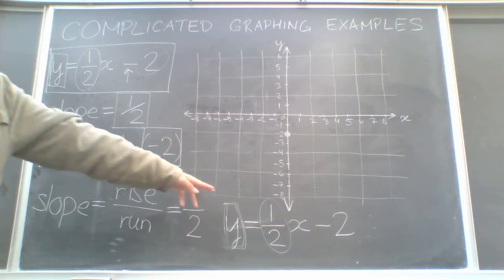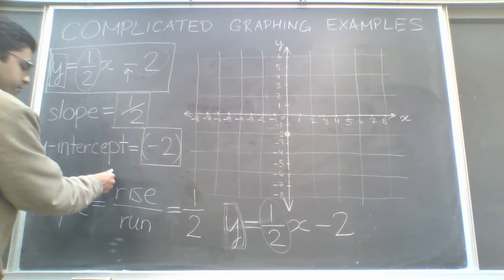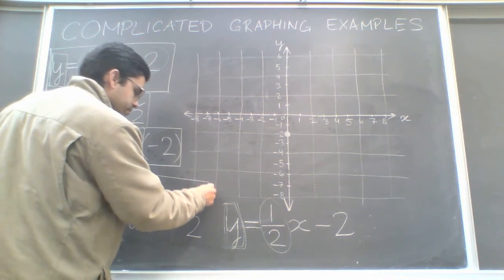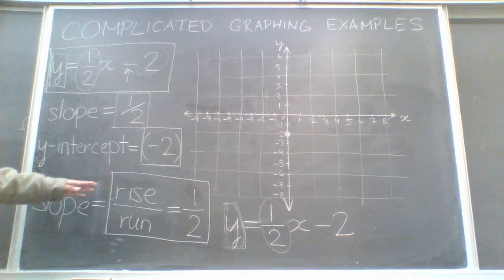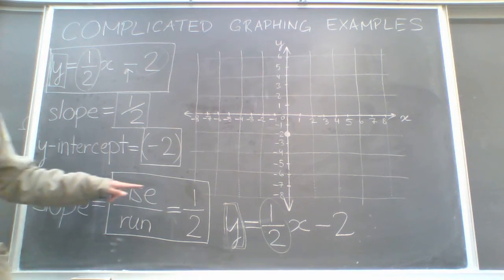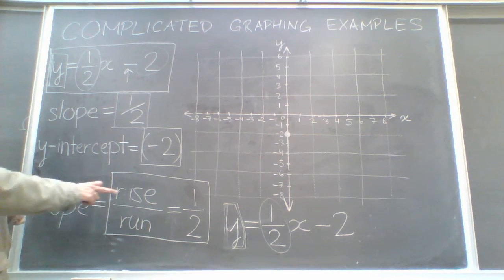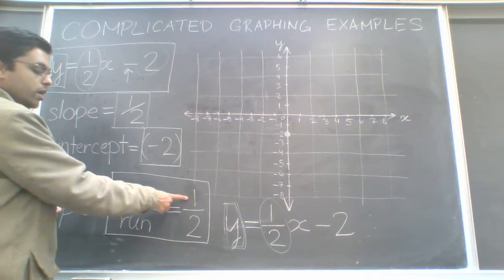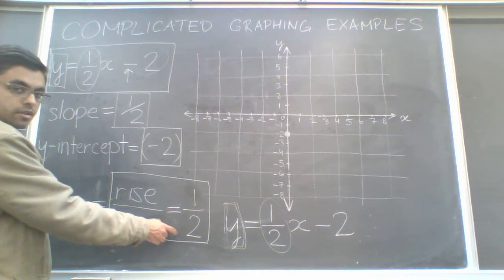So what this information is telling us is that if you match up the two numerators, so this rise and that 1, and you match up the two denominators, this is telling you that every time you go up 1 unit, you have to go over 2 units. Okay?